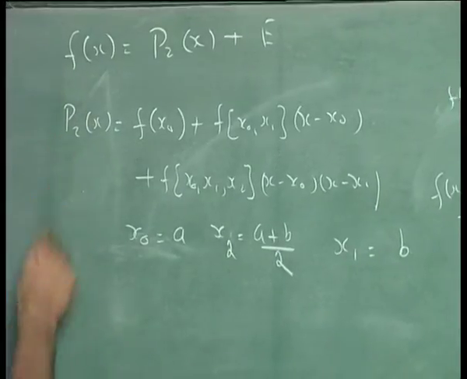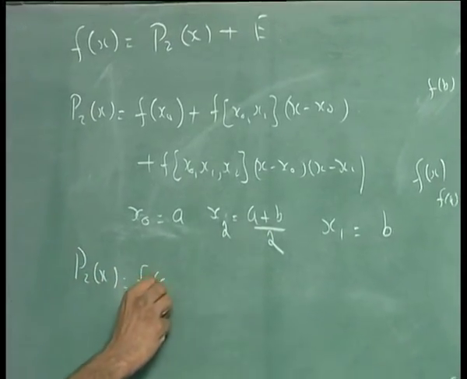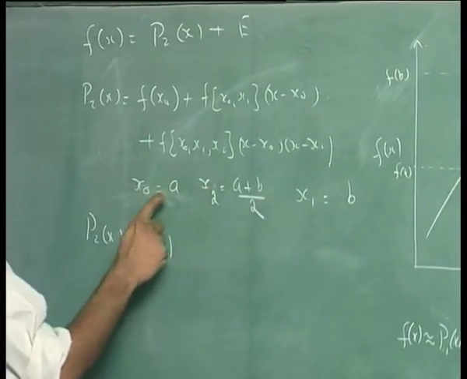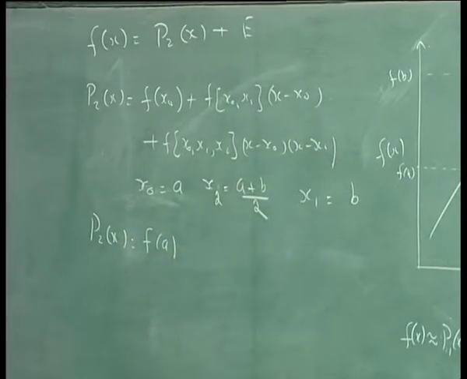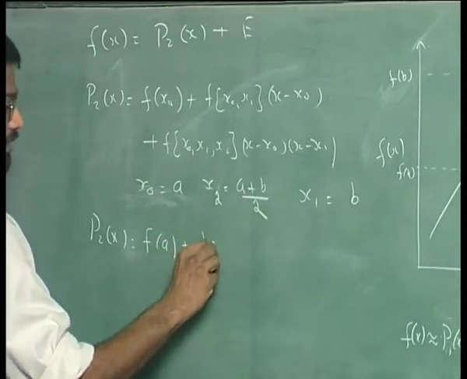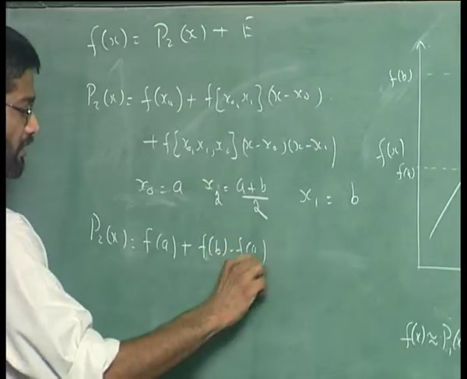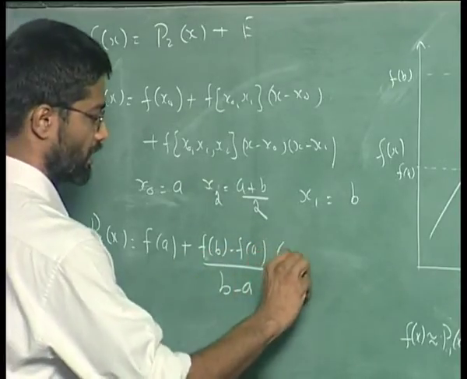So then we can substitute that and write p2 of x as f of a, and since x1 is b, this term would be f of b minus f of a divided by b minus a, into x minus a.